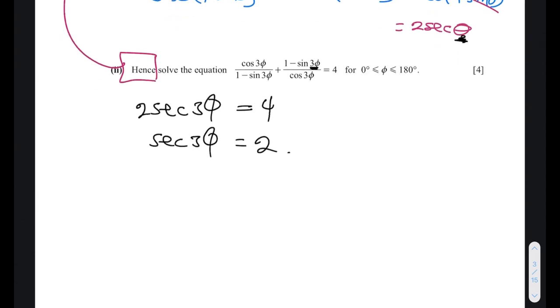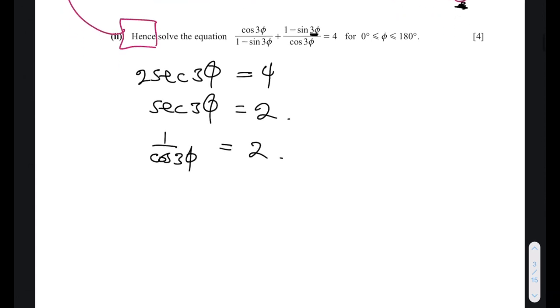Now you know that sec is 1 over cos, cos 3 theta, not just cos theta. So cos 3 theta is equal to half. And then you have your 3 theta is equal to cos inverse of half.